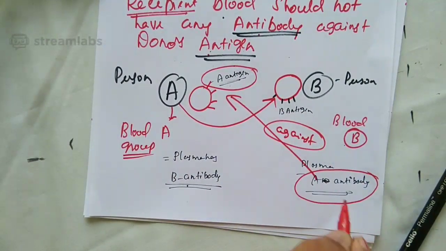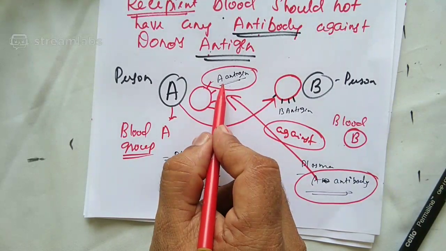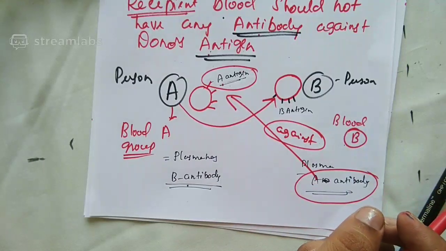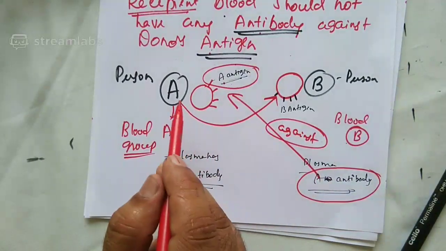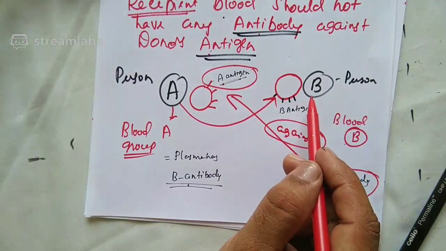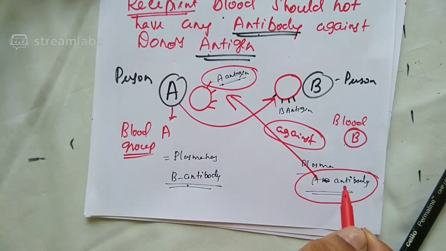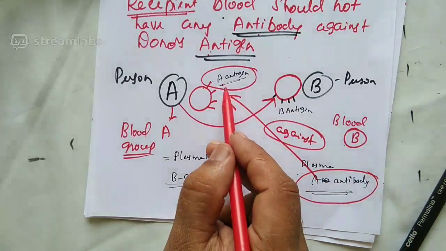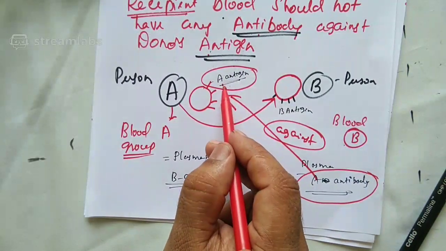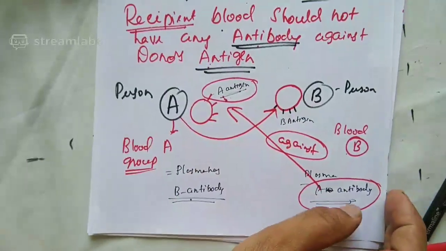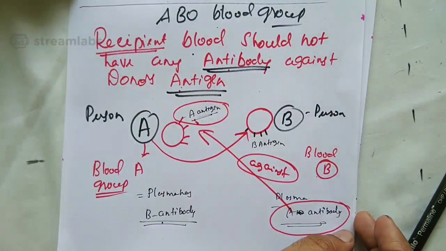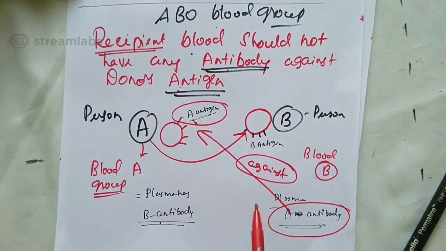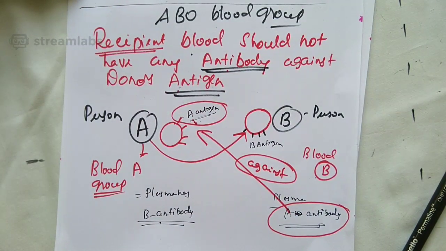That means this antibody will react with this antigen. The coagulation, a person can have difficulty. That means person A cannot give blood to person B because the recipient, person B, has an antibody which can react with the A antigen of person A. So I want you to take down the formula: recipient's blood should not have any antibody against donor's antigen.